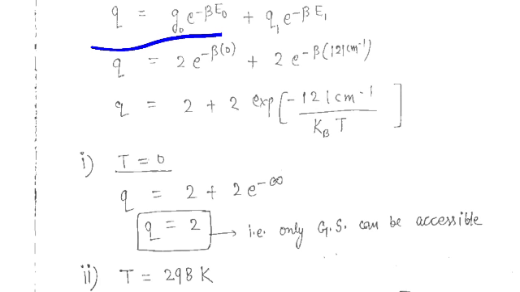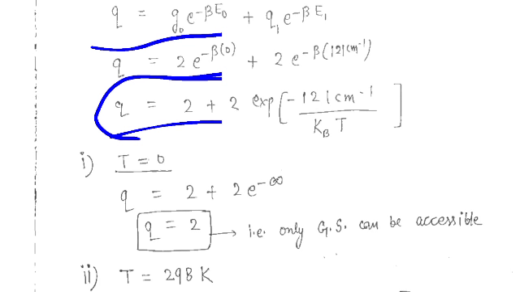Now on substituting all the values, G0 and G1 have value 2, E0 is 0, and E1 is 121 centimeter inverse, and we get this expression of the partition function. Now we just have to put in the temperature values, and we will get all our desired answers.